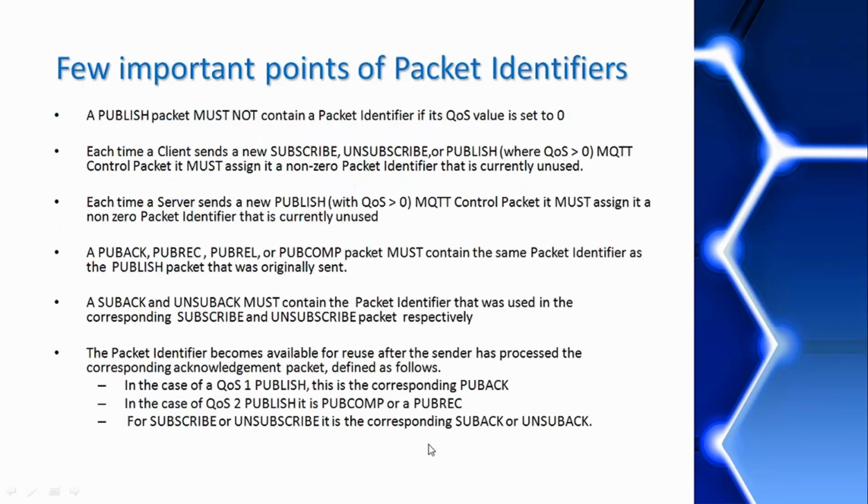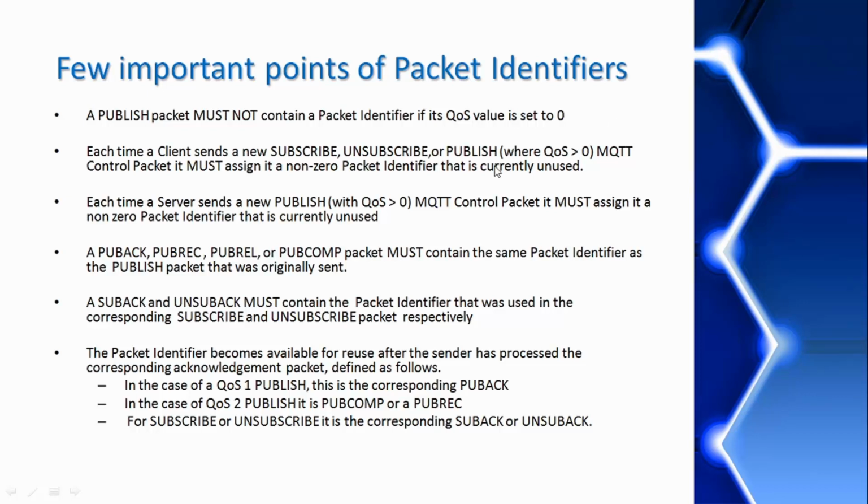Let's see some important points of the packet identifier. A publish packet must not contain a packet identifier if its QoS value is set to 0. So whenever I talk about the packet identifier of a publish message, it means its QoS is greater than 0.